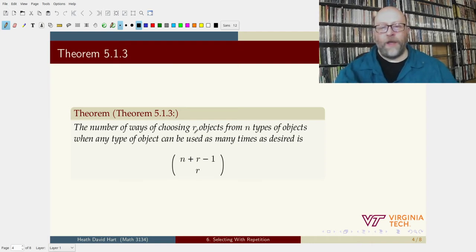All right, so let's try this again. The number of ways of choosing R objects from N types of objects is, here's the way the theorem is stated in a book. These are the number of objects that we're buying. These are the number of types, and N minus 1 is the number of transitions between the types. And then we either choose how many ones or choose how many zeros.